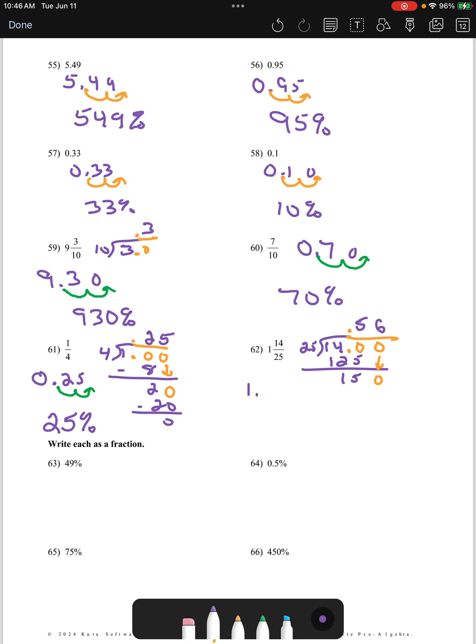We add a 0. 25 does go into 150 perfectly 6 times. So 1 and 14/25 is 1.56. That's the decimal. To get to the percentage, we just move that decimal point right 2 places. 156%.